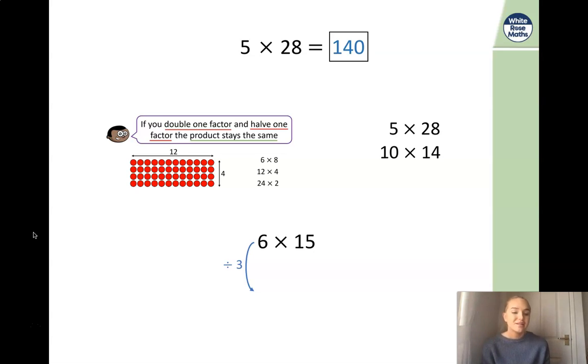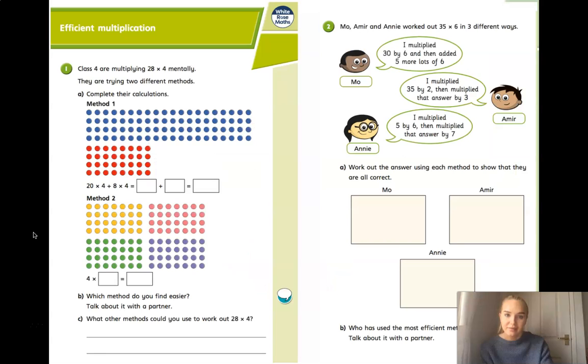So I've chosen here to divide 6 by 3, but which means I wouldn't divide 15 by 3. What would I do? Would I double 3? No, I wouldn't. I'd multiply that by 3, which would give us our new multiplication of 2 multiplied by 45. Which is the same as 45 doubled, giving us again 90.